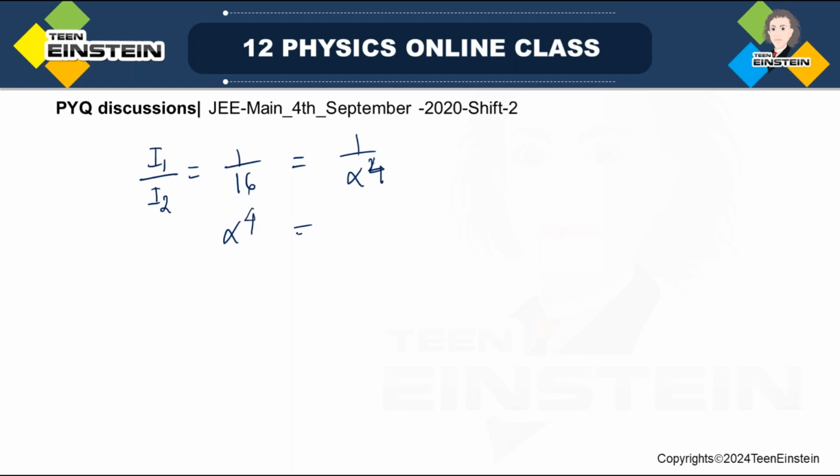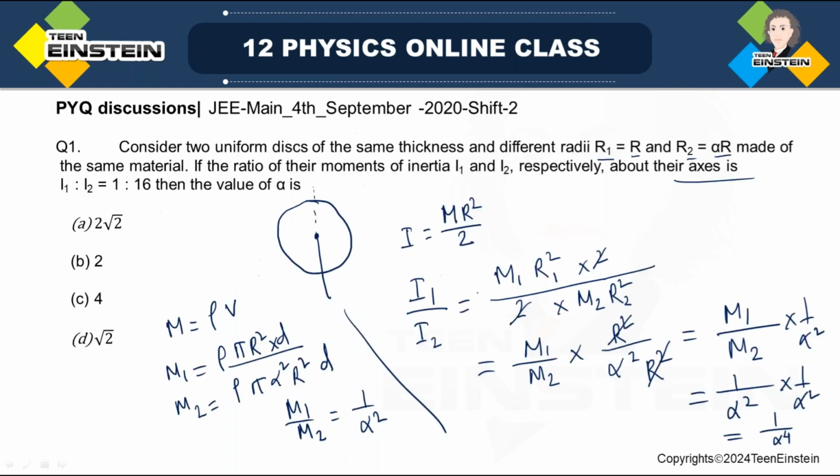So alpha to the power 4 is equal to 16. We know 2 to the power 4 is equal to 16, so alpha is equal to 2. So this is the answer, alpha is equal to 2. Option B will be the correct answer for this question.